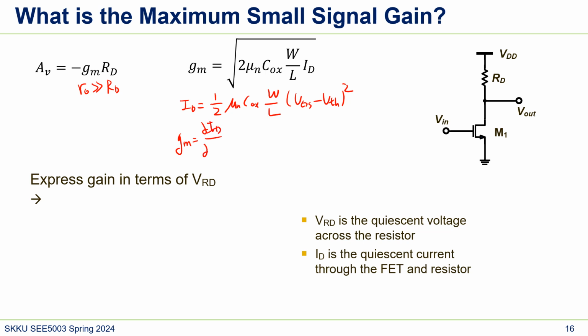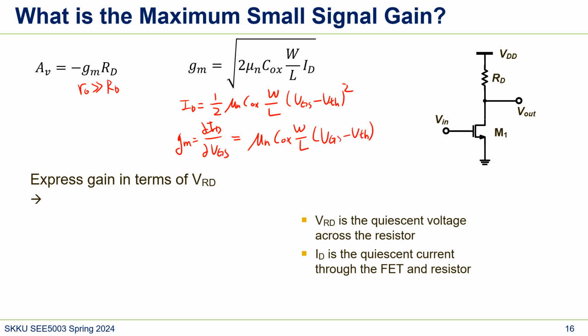GM is, if we move V in, how much current can we change. That is GM, transconductance, right? So if we just do a calculation here, GM is mu n COX W over L, and then VGS minus VTH.